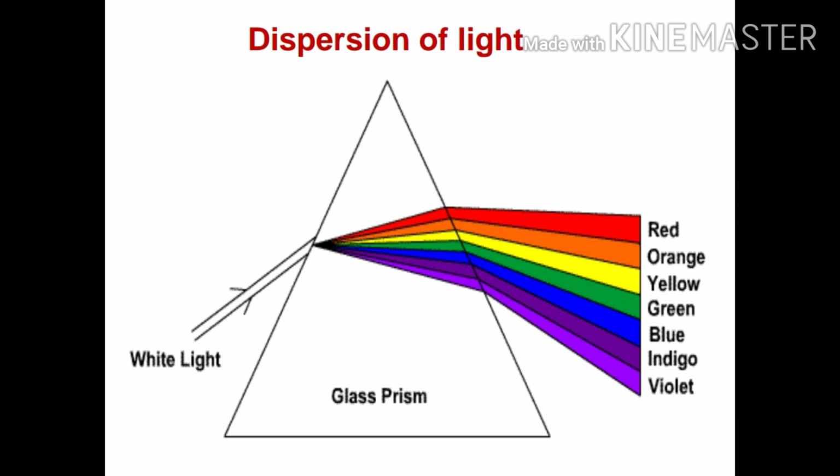So when white light, sunlight, falls on this glass prism, then it gets spread, it gets dispersed, it gets split into its component colors, because it is made up of 7 wavelengths based on 7 colors, and these colors get separated from each other.